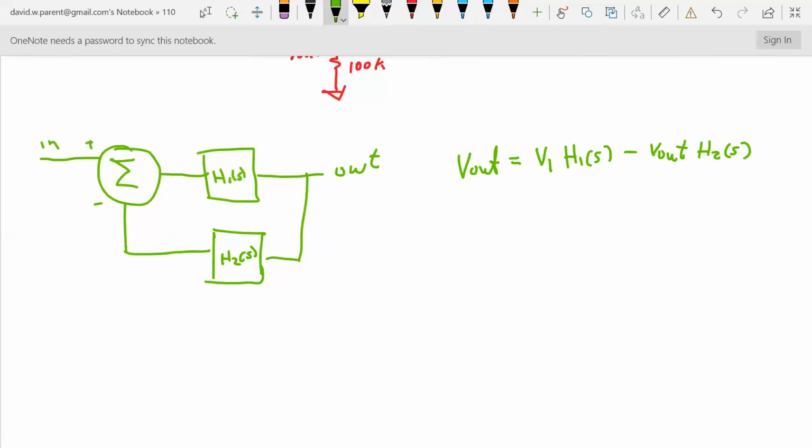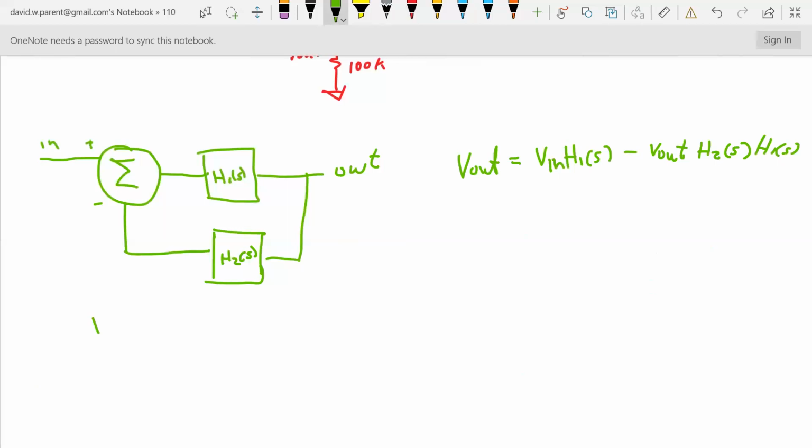Okay? So I have V out, I have V in. And then you need to multiply by H1 of S2, right? Because it comes back and goes through the transfer function again, where V in just goes right through there. Okay?